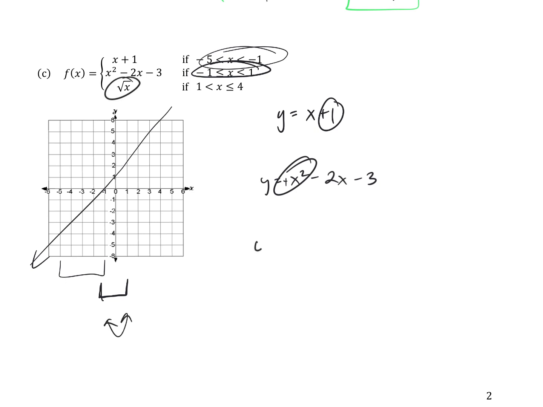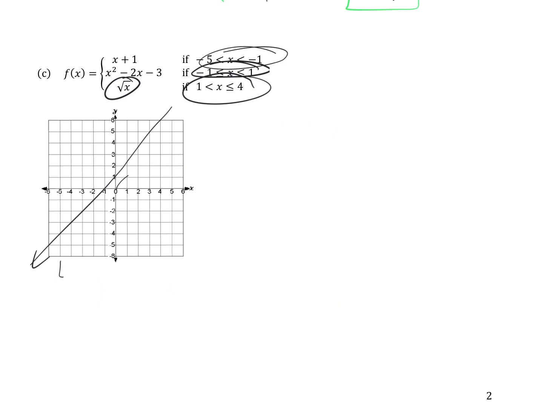Lastly, I have y equals the square root of x. I know the graph of that is something like this. It's half a parabola opening to the side. And that one is going to be bounded between 1 and 4. So between 1 and 4, I'm going to have some part of that graph. So again, always good first to visualize before we go ahead and do the rest of the work.